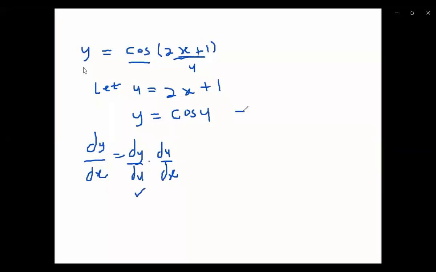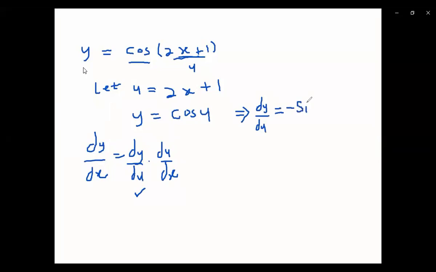So that will imply we differentiate y with respect to u. dy/du will be equal to what? When you differentiate cos, you get what? Negative sine.